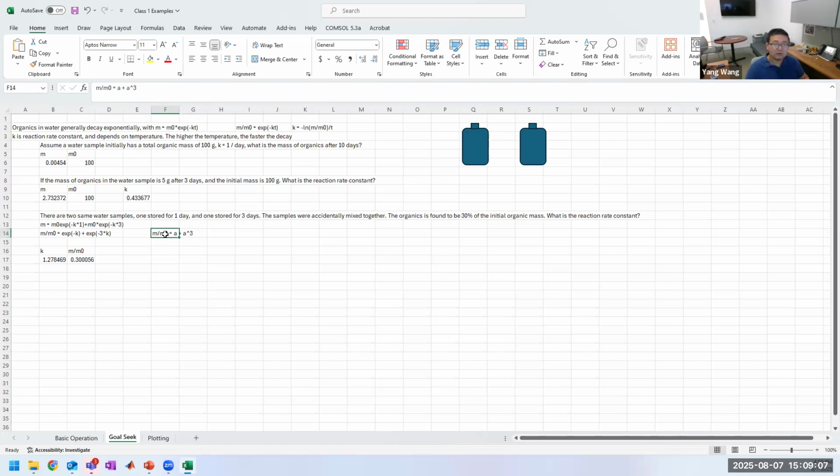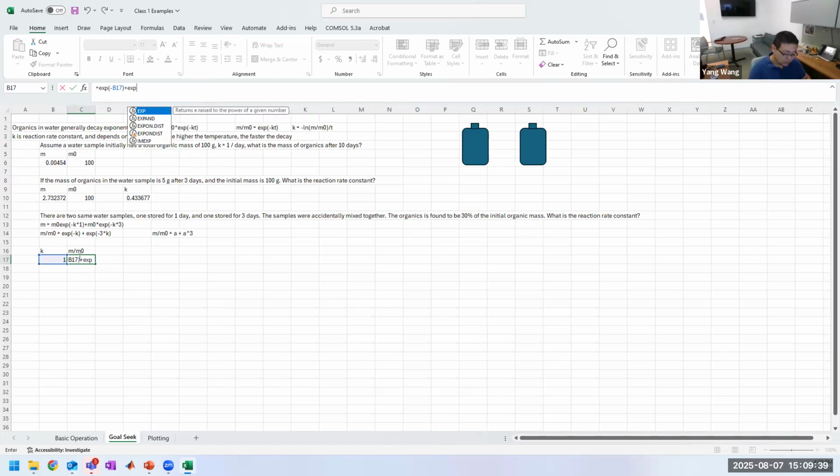So this is where Goal Seek can start to play a role. Because now you have the M over M0, which is found to be 30% of the initial organic mass, so you can just put it over here. You can start with any k, still assume it to be 1. Then M divided by M0 is exponential minus k plus exponential minus 3 multiplied by k.